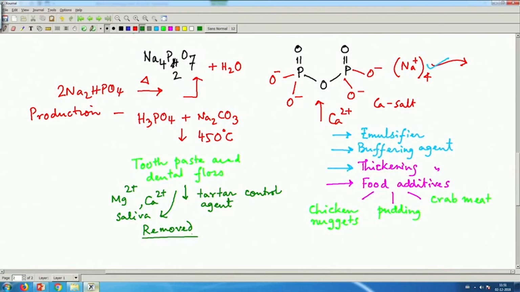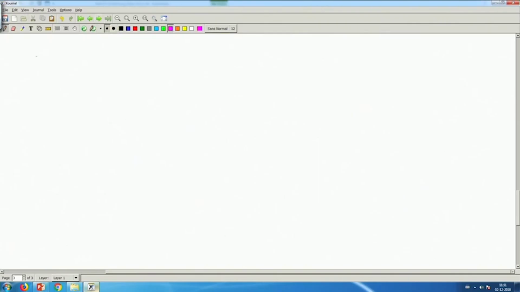These metal ions can be removed from there, and therefore, in commercially available commercial dental rinses, what we also call mouthwashes.